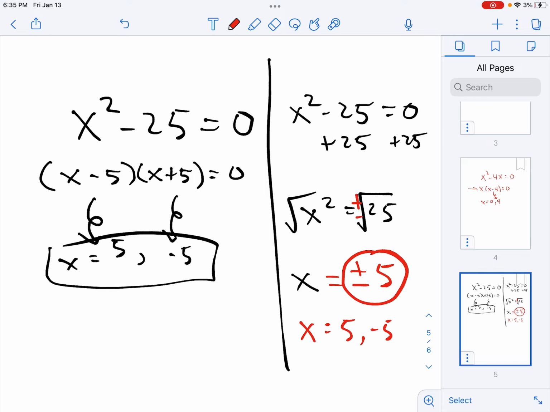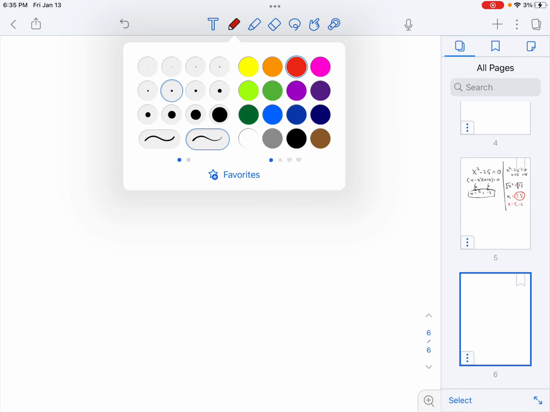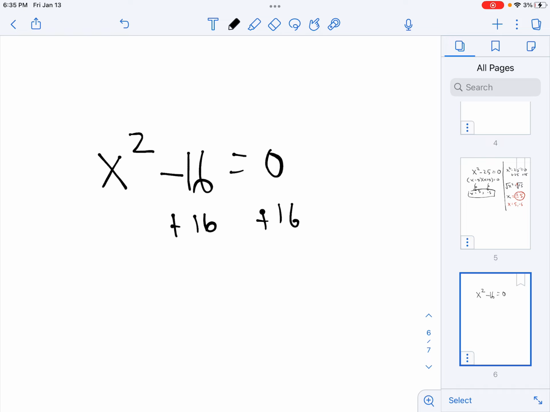Okay, let's go ahead and do this one on your own. X squared minus 16 equals 0. Okay, so probably the easiest thing to do here is to add 16 to both sides. X squared equals 16.